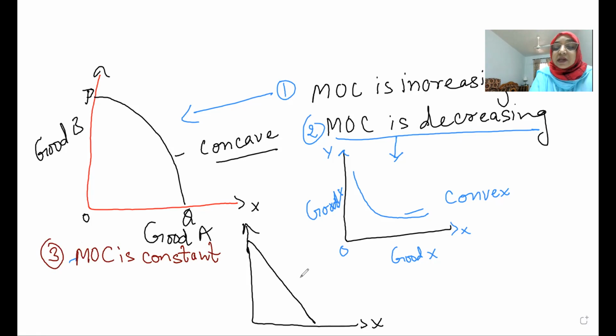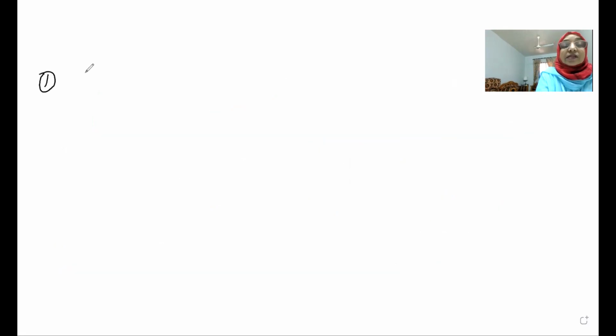This will be the shape of PP curve for the third condition. Or we can take like this, first one, MOC is increasing. This will be the shape of PP curve.